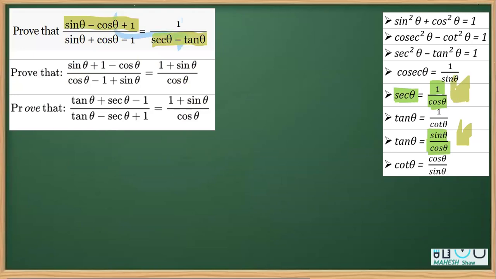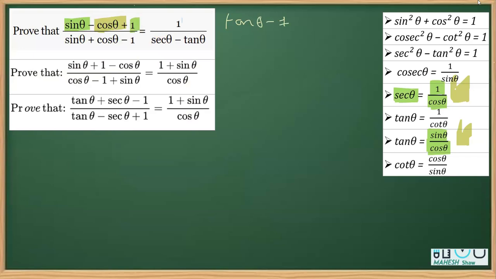So let's begin with the first part. I'm going to divide the numerator and denominator by cos. Step by step, if I divide this sine by cos, I'll get tan theta, minus cos divided by cos is 1 only, so it's minus 1.